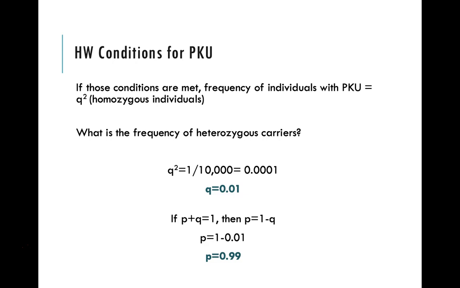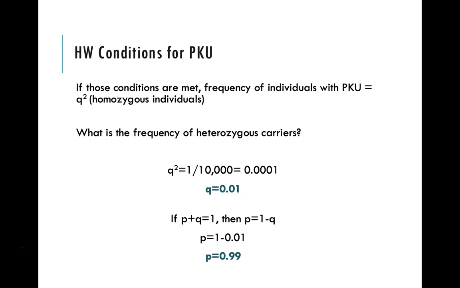So the number one problem that students make in this situation is that they're given a frequency. They are told that 1 in 10,000 individuals have the disease. When it is a recessive trait, that is the genotype frequency.